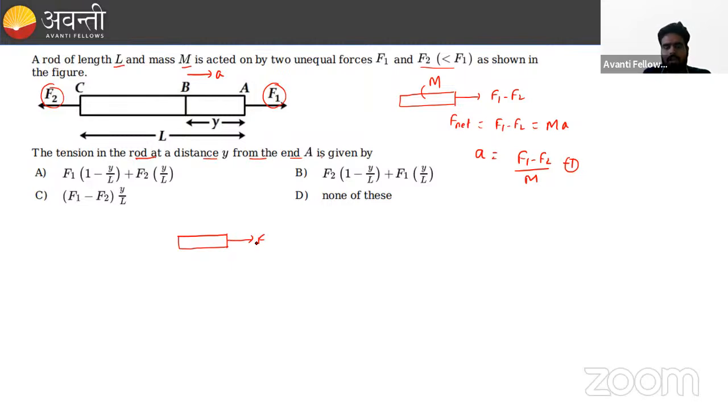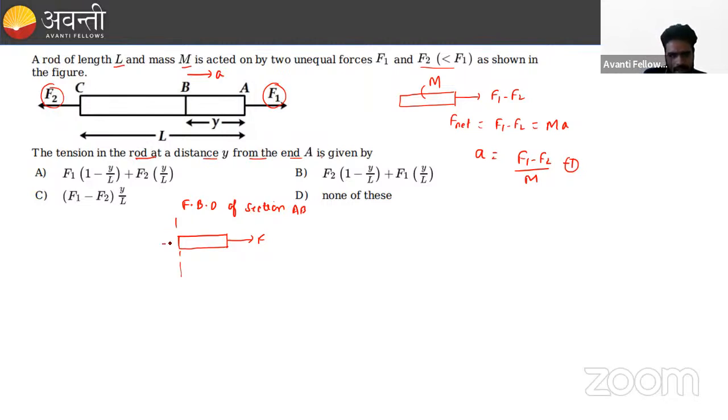Guys, whenever we have to find out the tension or any other force, just draw the FBD of the given segment. So we have to draw the FBD of the section AB, right? This section is attached with the remaining portion CB, and we know that the molecules beyond point B try to pull the rod in the leftward direction.